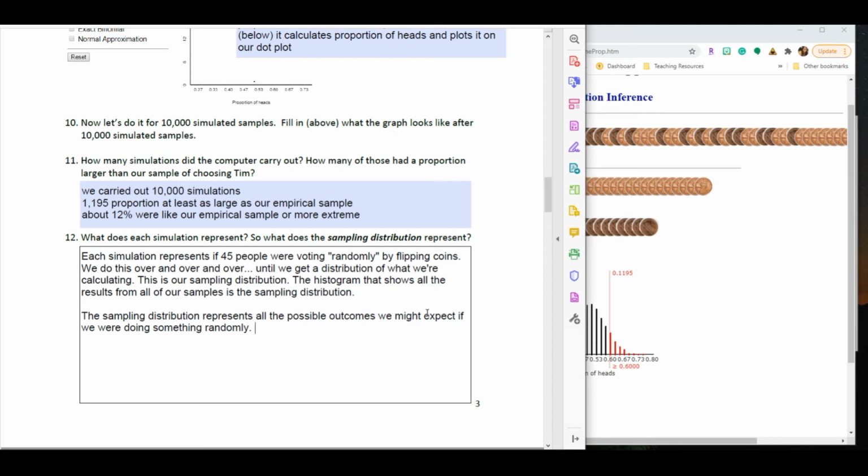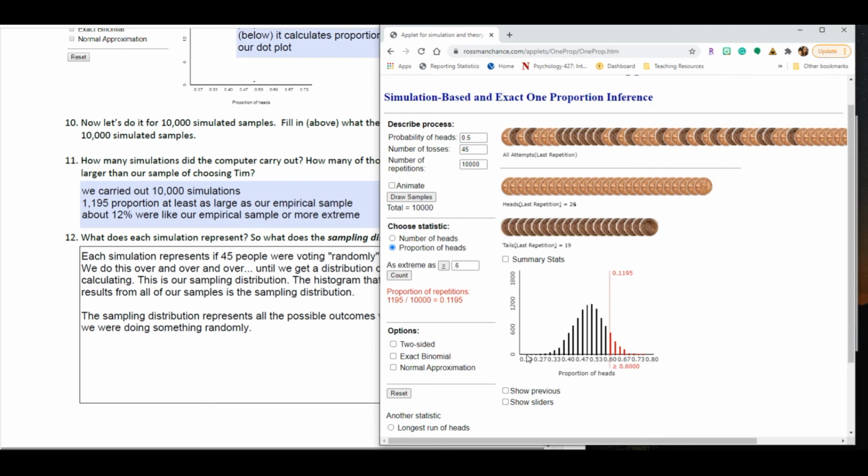In this case, if we were randomly picking between the two faces by flipping coins, well, if we did it 10,000 times, here are all the different results that we got across those 10,000 times. So the sampling distribution represents all those possible outcomes that we might see. You can see there's some dots way down here and some dots way up here. It's possible when you do something at random that you could get a really extreme result, but it's super rare because there's hardly any down here. There's hardly any up here.